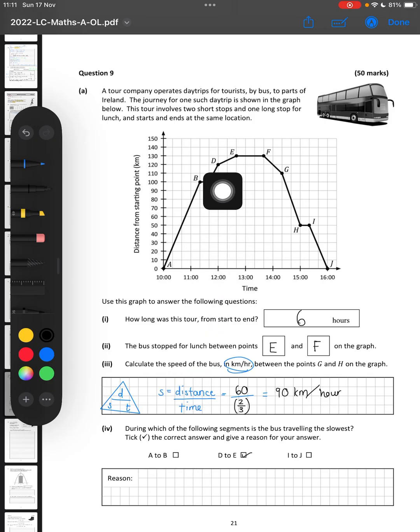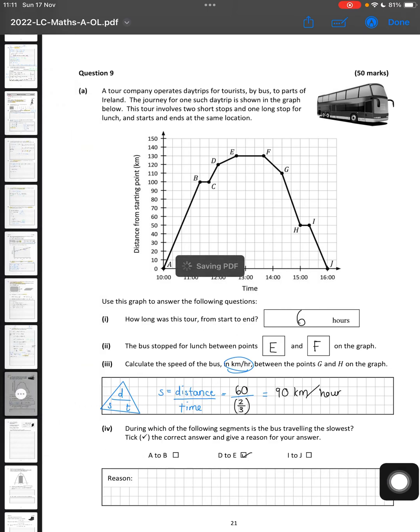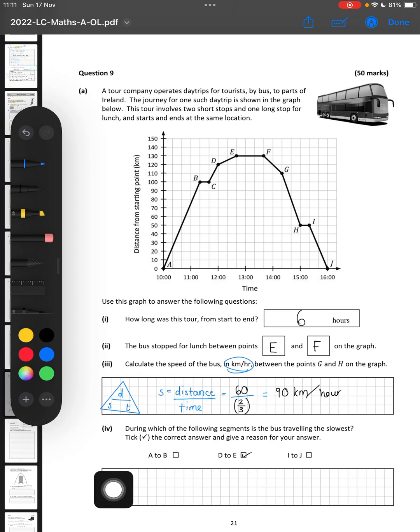If you want to say something like it moves, let's say 10 kilometers in 2/3 of an hour, 10 kilometers in 40 minutes, that's not saying why it's the slowest. We could have a line up here that only moves 5 kilometers in 40 minutes. So if your reasoning is information about D and E, it has to be D and E in comparison to one of the other two.